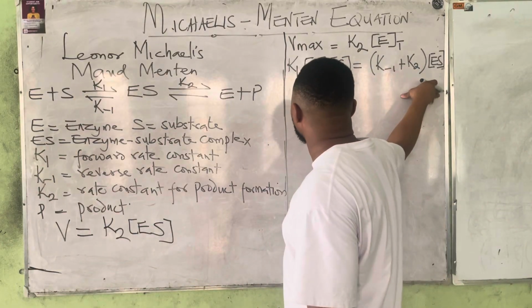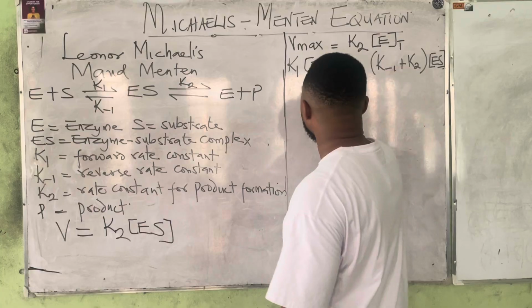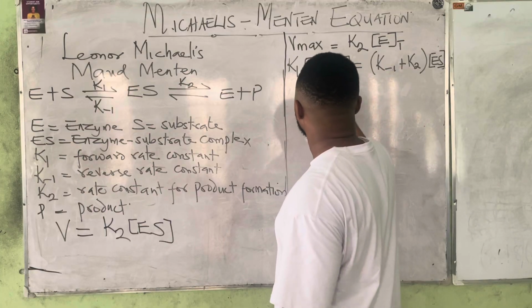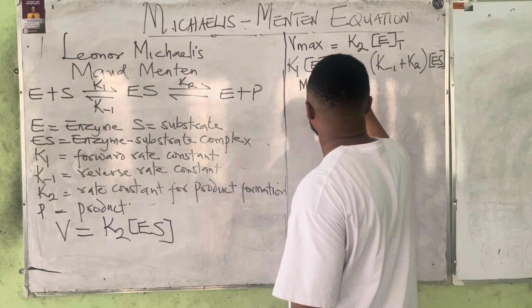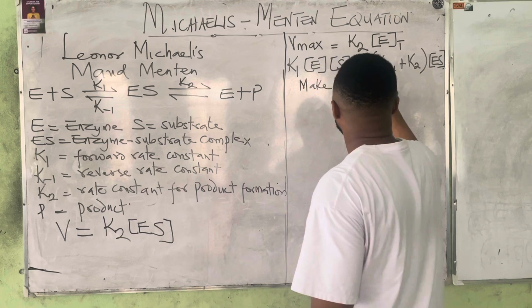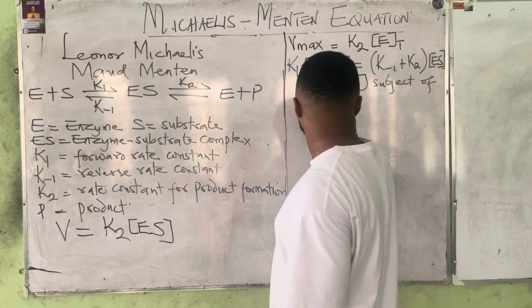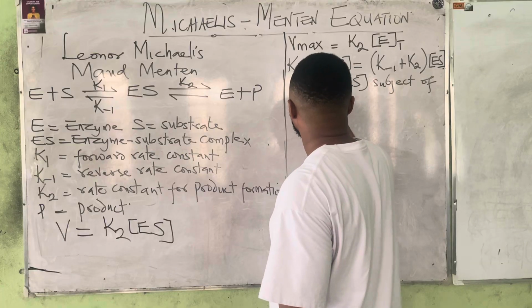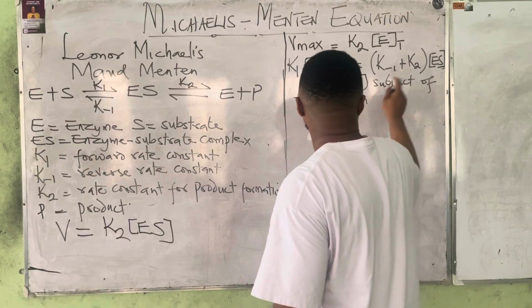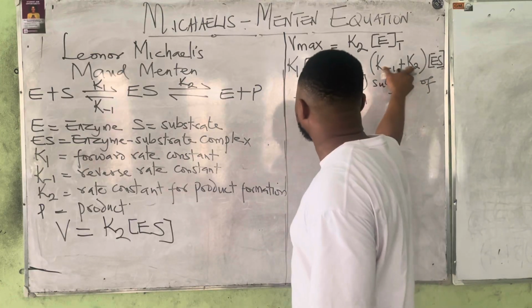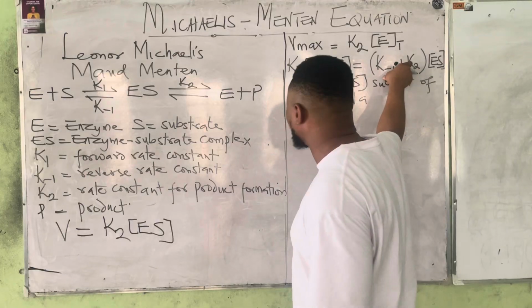The next thing we have to do is make our enzyme substrate complex concentration the subject of the formula. How do we do that? We divide both sides by K minus 1 plus K2, right?